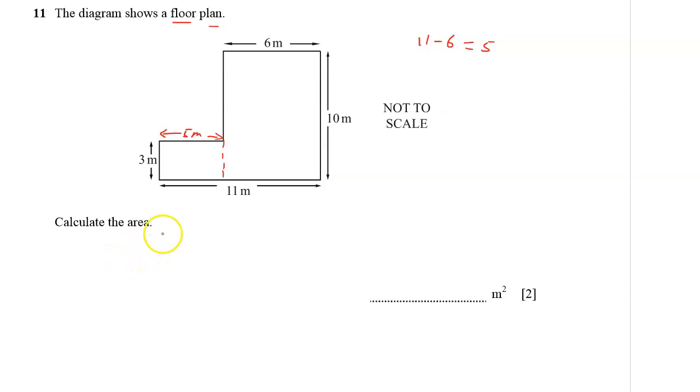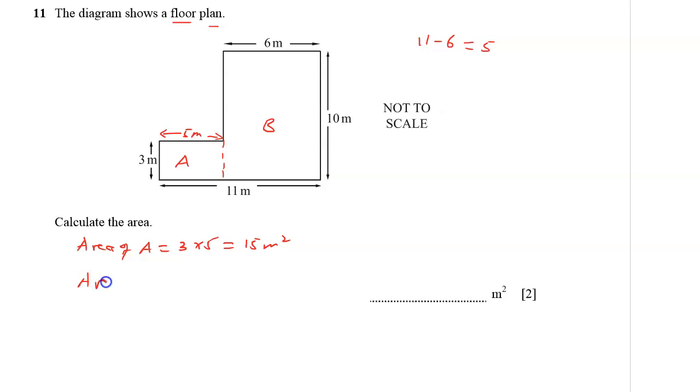So let me call this one rectangle A, this rectangle B. Area of A is 3 meters times 5 meters. This gives us 15 meters squared.